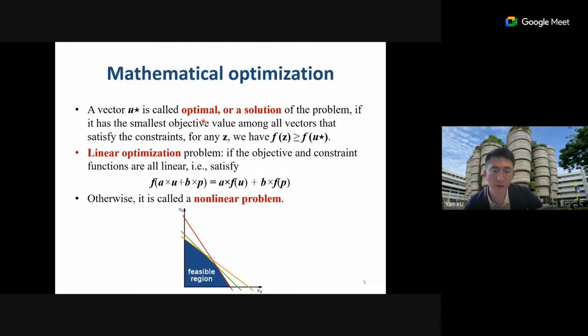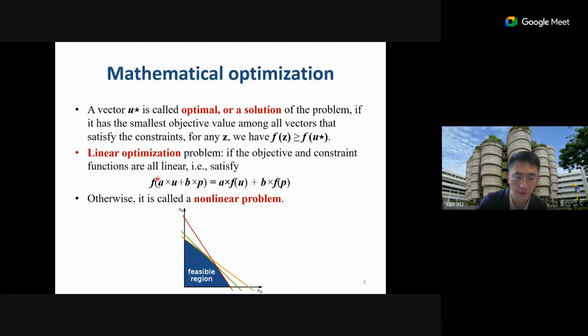Now, in terms of the model properties, basically we can classify the optimization model into a linear model or a nonlinear model. A linear model satisfies such a property. This is our objective function f.